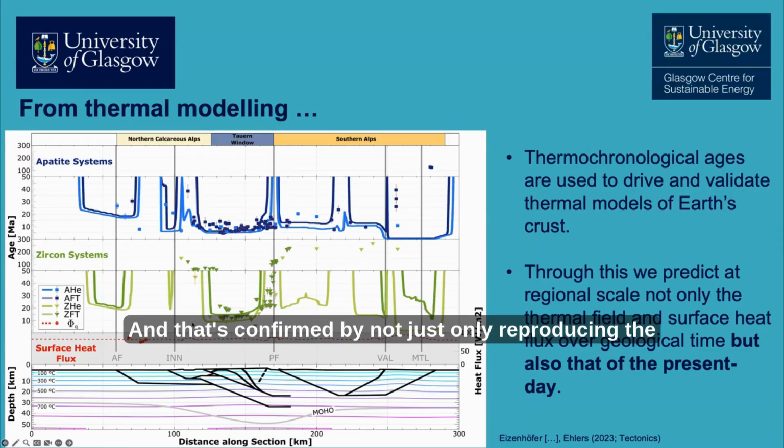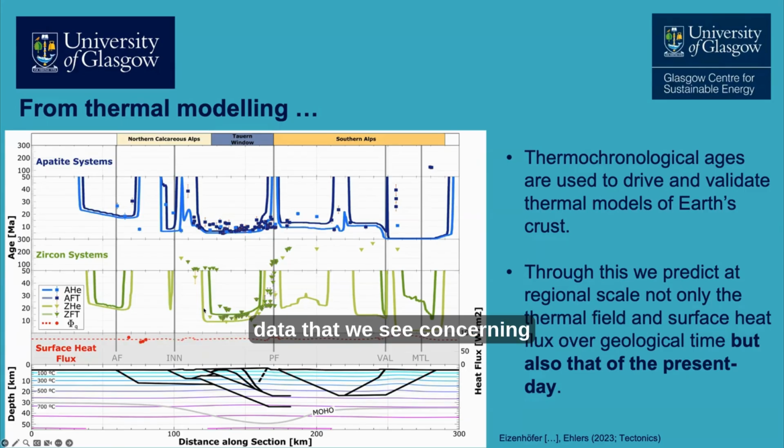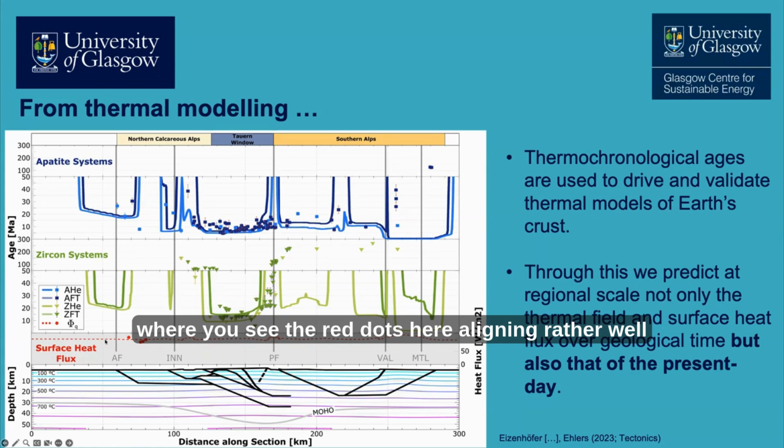And that's confirmed by not only reproducing the data that we see concerning low temperature thermochronology, but also looking at the surface heat flux that has been measured along the Alps, where you see the red dots here aligning rather well with our predicted surface heat flux from the model.